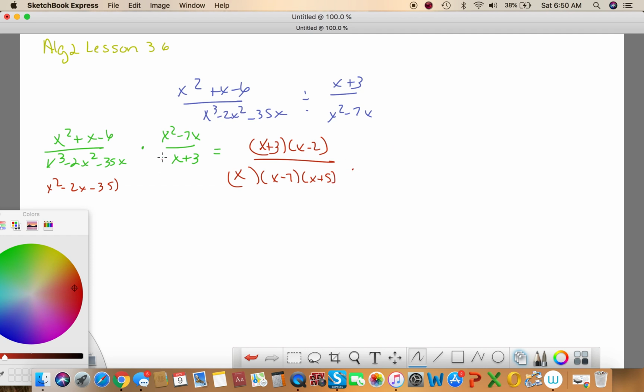Here I can factor out an x, so that I'm left with x minus 7. Here I just have x plus 3. So now I look, do I have any common factors? These x's, x minus 7, x plus 3. So I'm left with x minus 2 over x plus 5.